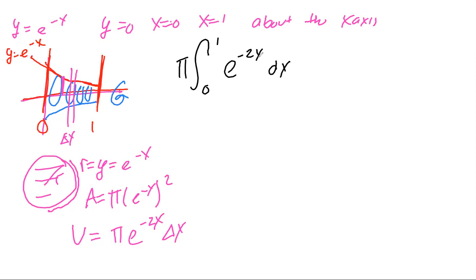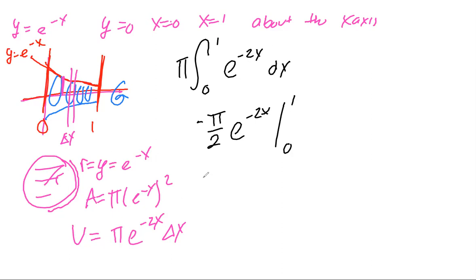Now, I'm not going to do u substitution here, but the derivative of e to that thing is e to that thing times the derivative of that thing. Because of the chain rule, we'd have to multiply by a negative 2. When we're doing the antiderivative, we're going to divide by negative 2. So we're going to have negative pi over 2, e to the negative 2x, evaluated between 0 and 1.